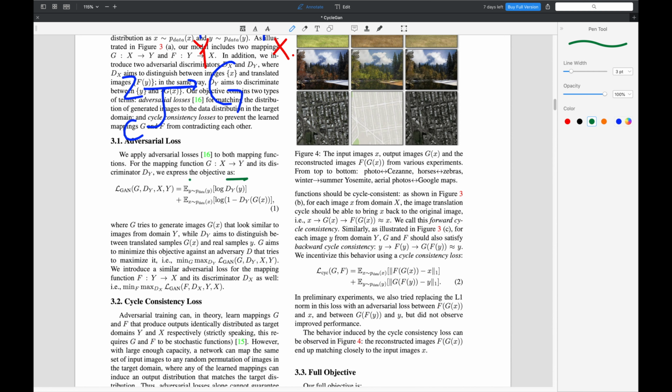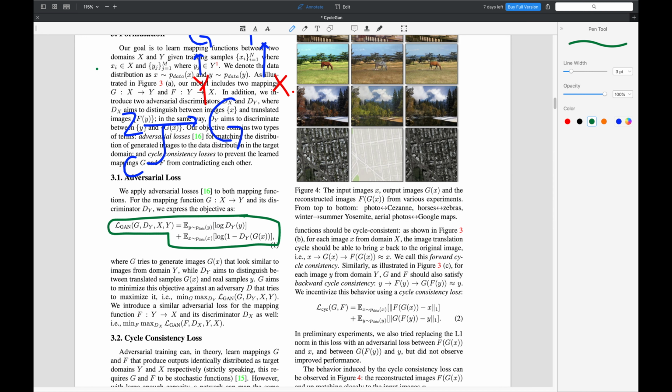The first loss is the GAN loss for generator G, to make sure that G generates images that look like they're in domain Y. We also have the discriminator dy, which classifies whether the image produced by G looks real or fake.